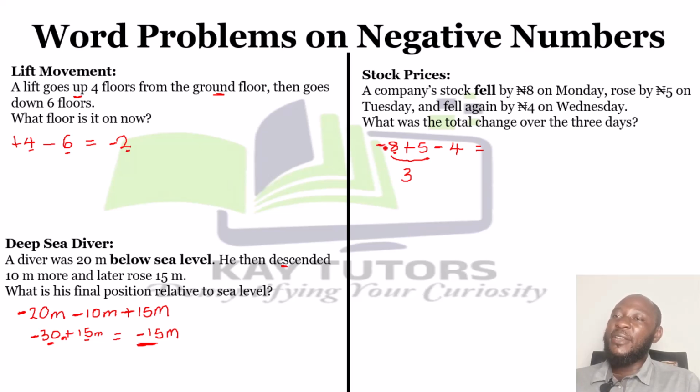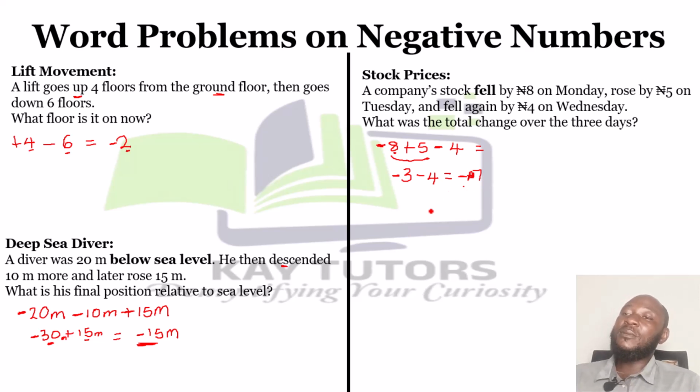So my answer will automatically be minus 3 and minus 4. Now, since I have the same signs here, of course it's going to be minus. And since I have the same signs here, I'll just add and I'll have 7 there. And that's my answer. So the change over the 3 days is minus 7 naira.